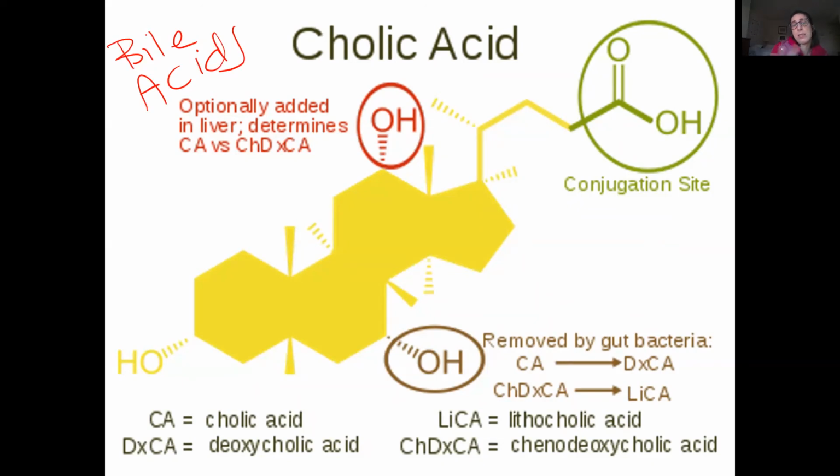Because they have these two regions, polar and nonpolar, they're actually very good at acting almost like a soap. So they help to remove lipids, other fats, or bind up other fats to move them through our intestines. They help make lipids more soluble in our intestines as they're moving through, and so they get utilized in digestion quite often.